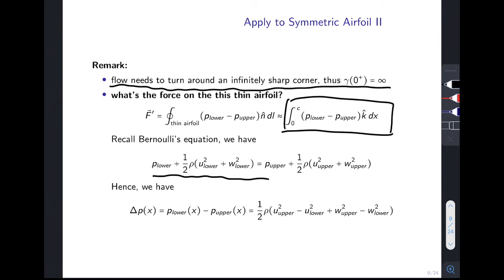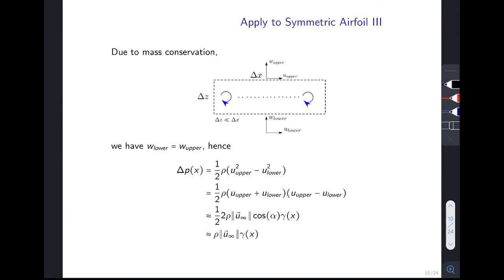Okay, so if we use the Bernoulli equation, we end up with this relation. Basically, it tells us the relation between the upper pressure, lower pressure, upper kinetic energy, and lower kinetic energy. So the delta pressure can be written as the difference between the kinetic energy.